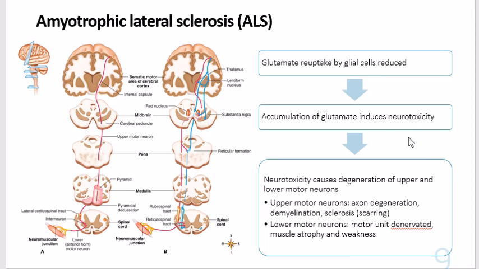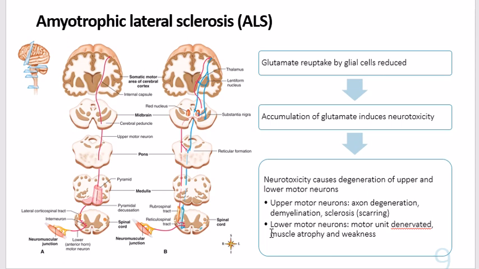Glutamate release is normal, as I told you, and this reuptake then ends up being reduced, and we end up with subsequent toxicity, and this toxicity kills the neurons of both the upper and lower motor neurons. In the upper motor neurons, so the brain and into the spinal cord, we end up with axon degeneration, demyelination, sclerosis or scarring.